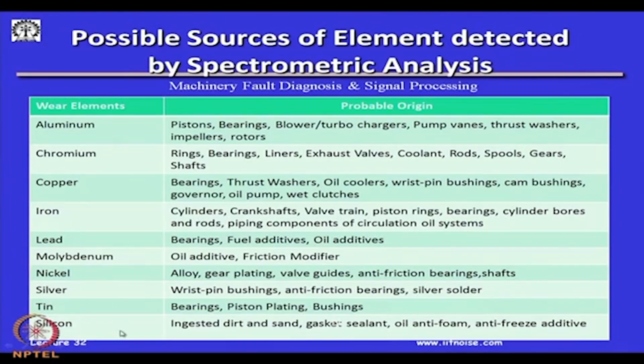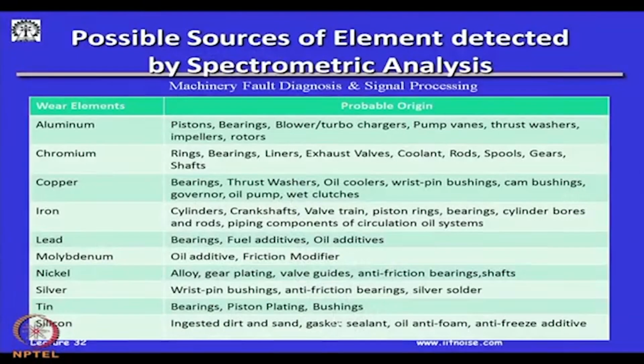And when I say silicon, I know it is ingested dirt, sand, sometimes gasket sealants, oil antifoam, antifreeze additives. So, these will be known to us from the original designer, to know the material of the element and then look out for these. Sometimes in many machines which are just available to us, the material composition is not known to us.